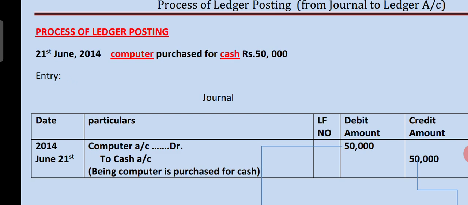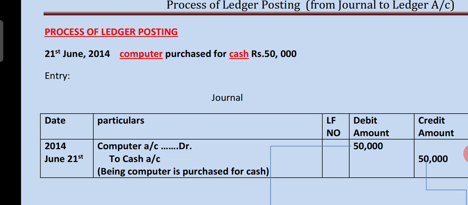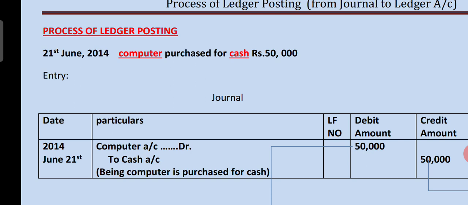In this transaction there are two aspects, one is computer, another is cash. Cash and computer both are assets, so they come under real account, and we can apply the real account principle for these aspects.